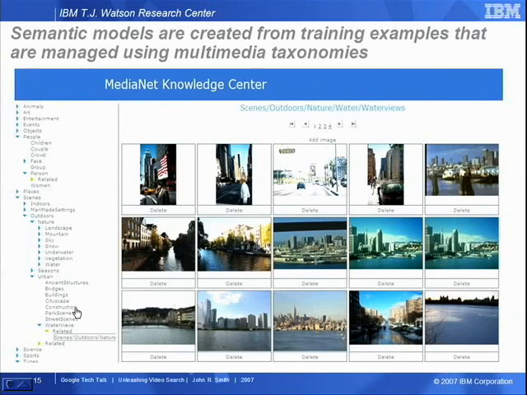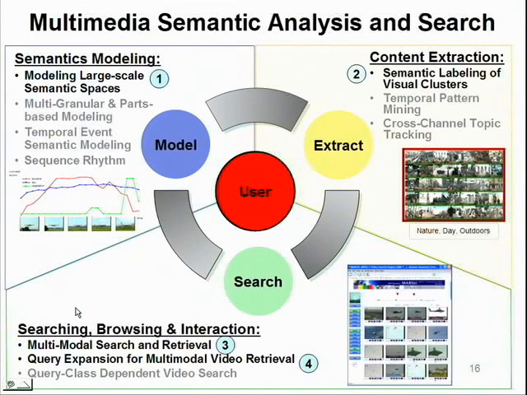And it can be, in some cases, as few as 40 examples. In some cases, it can be thousands or even tens of thousands of examples if it's important to get a really full description of that category. Or if it's just a very common category, in some cases, it can be easy to get that many examples. So this is really the type of starting point that's taken to create the models.